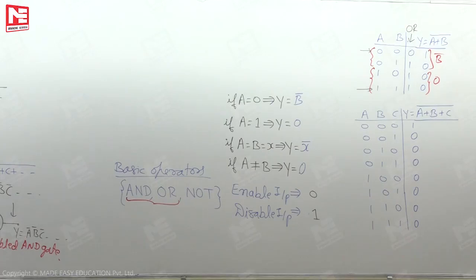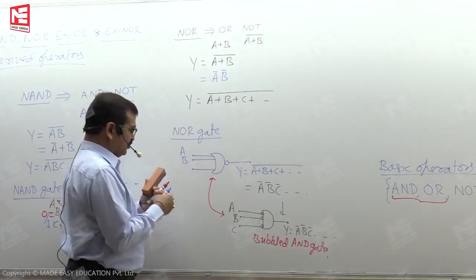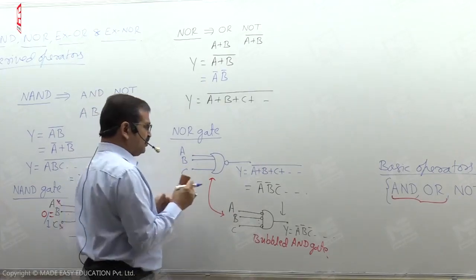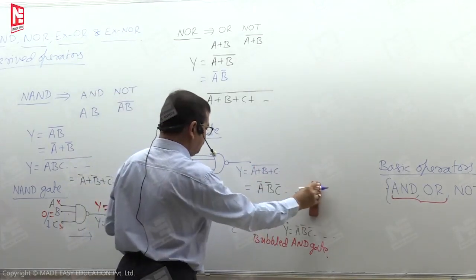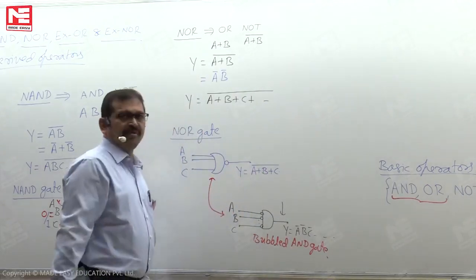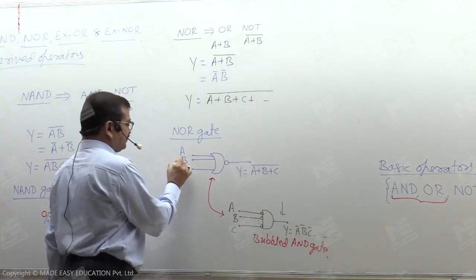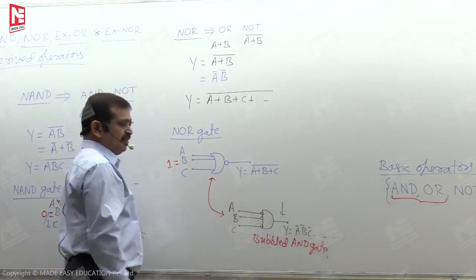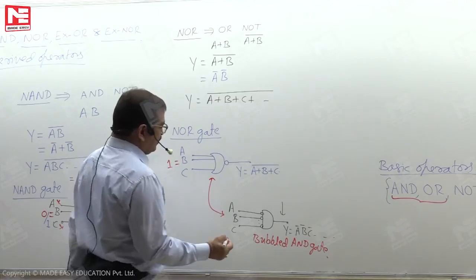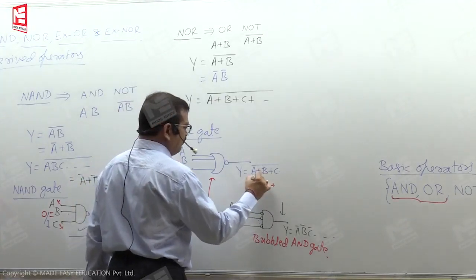So let us consider it is a 3-input NOR gate. The output expression is A or B or C whole complement. Suppose we are having B is 1. If B is 1, the other variables may be anything.